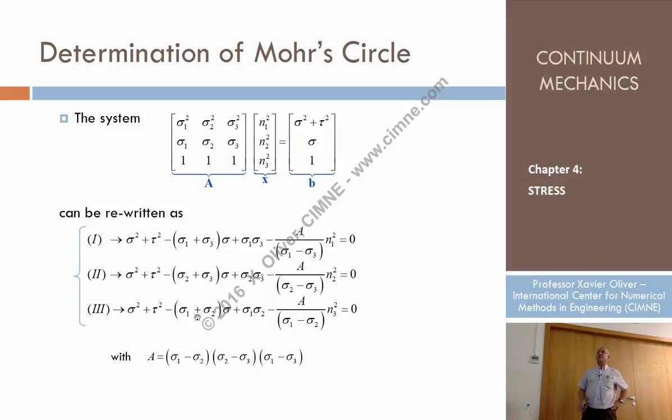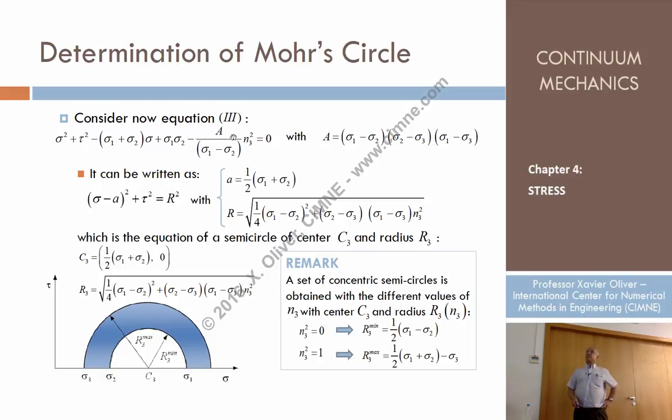This is a system of equations, okay? And now let's look at any of these equations, knowing that they are subject to the restrictions that n1 squared is greater than 0 and smaller than 1, n2 squared is greater than 0 and smaller than 1, and n3 squared is smaller than 1 and greater than 0. So let's look, for instance, at this third equation. For the time being, we disregard the first two equations, okay?